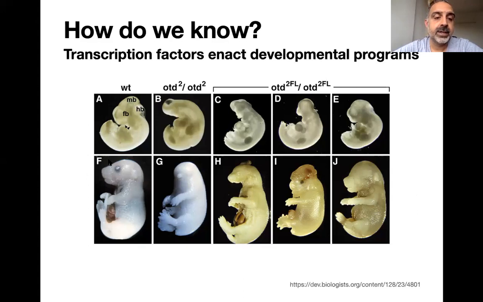Here you can see the pup, and in the mutant, the structures anterior to the forebrain are lost. This is very clear in this embryo, and even clearer in this postnatal embryo. Various reductions in the gene dosage cause various reductions in the head phenotype as well. But essentially, it seems as though OTX is important for enacting a developmental program that leads to the formation of the anterior neural ectoderm of the embryo.